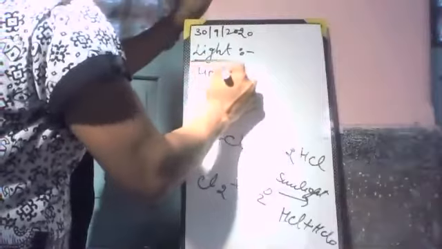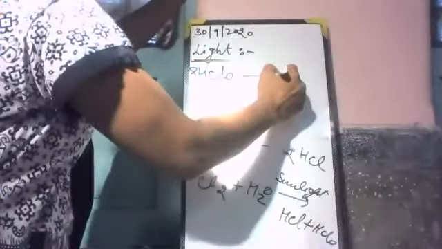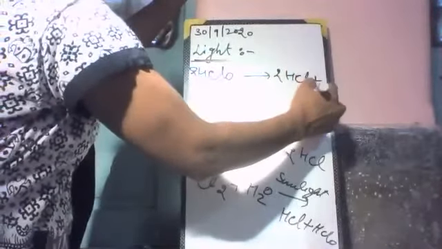This HClO further decomposes and forms HCl and oxygen.